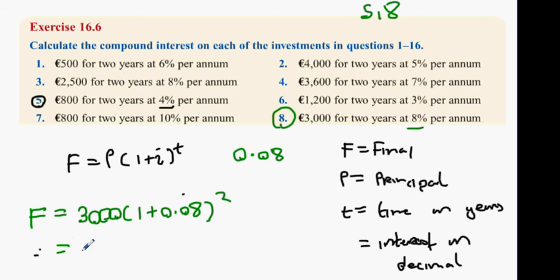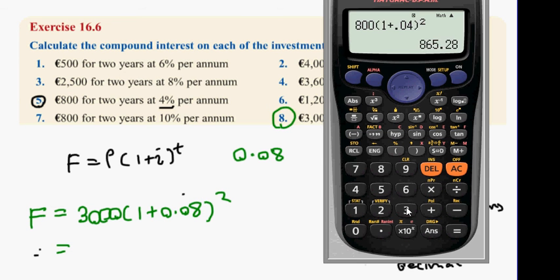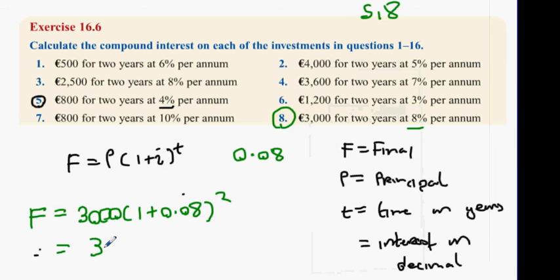Go to your calculator. 3,000 multiplied by 1.08 to the power of 2. And what you get? 3,499.2. You always end up with a number bigger than what you started with. How much interest did I make?